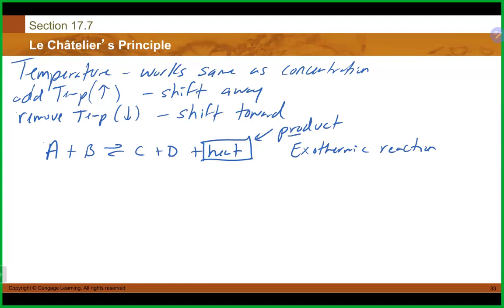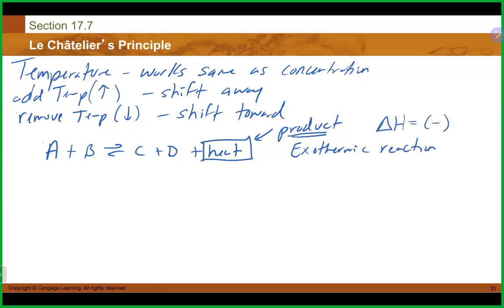And the way that's represented oftentimes in reactions is thought of as being a product, the temperature or heat or energy. I would say most of the time, though, the way that it is expressed to you as being an exothermic or even an endothermic reaction is they will actually use that value that we saw when we talked about energy, which is the change in enthalpy, delta H, and it will be a negative value.